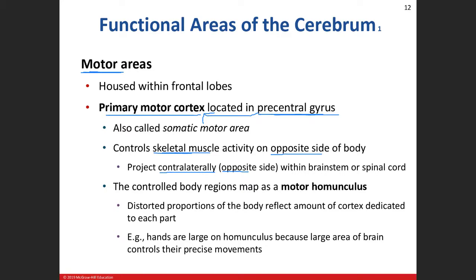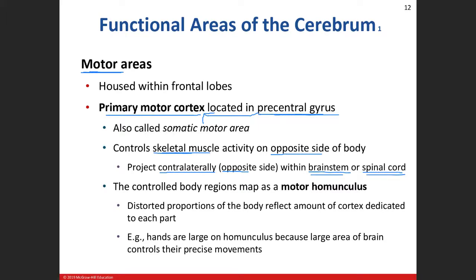And that's going to occur in either the brain stem or the spinal cord. You need to know that. Those neurons have to cross from the left side to the right side of your body, or from the right side to the left, and that's going to occur in one of two places: the brain stem or the spinal cord. We'll come back and visit that later on.